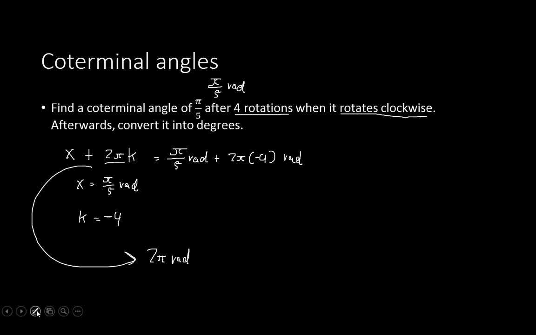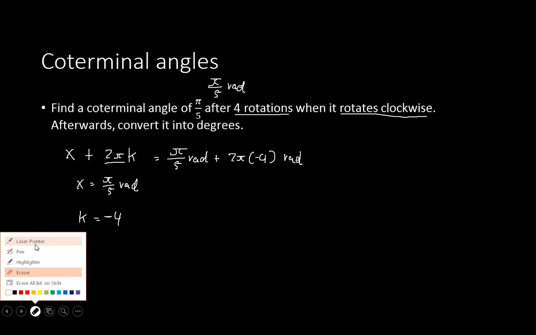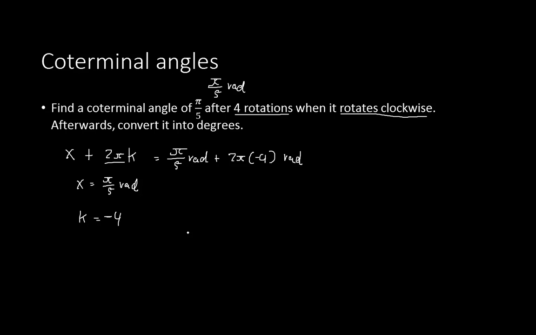Please, guys, do not forget the unit radians. I'm begging you, because without it, you will be confused whether the answer is an angle or not. So anyways, let's proceed. Pi all over 5 radians minus 8 pi radians.